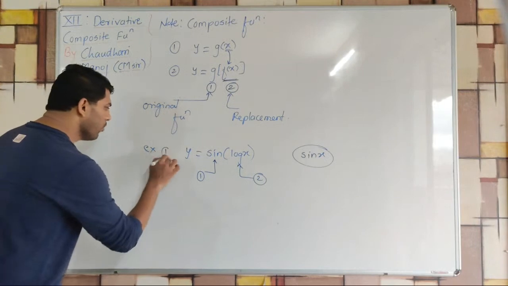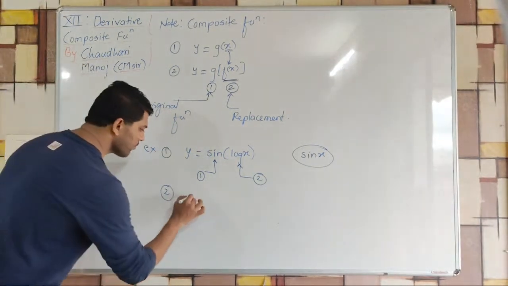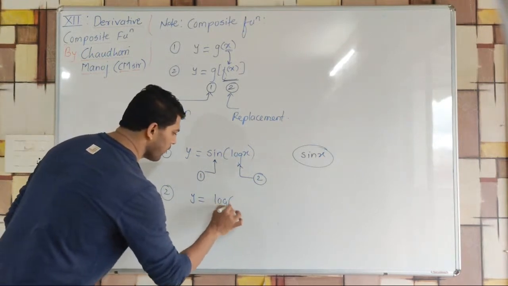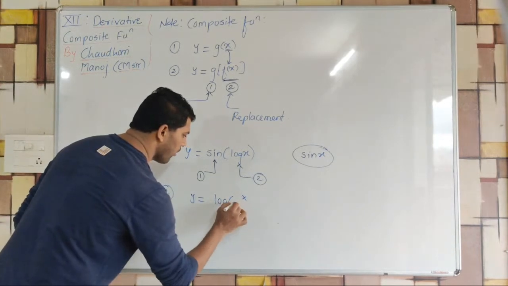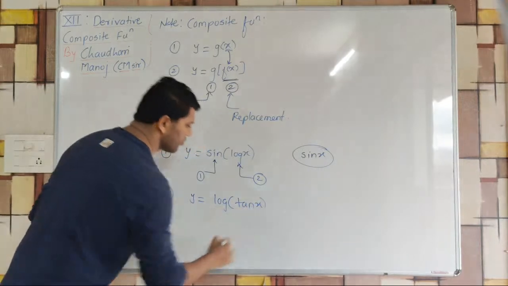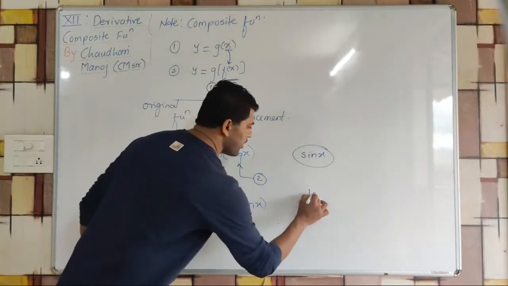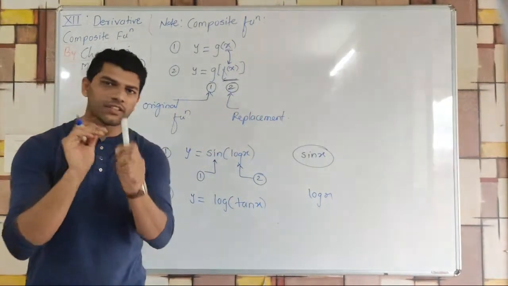Then one more example on this. Let's say y is equal to log of tan x. Let me start with a simple example. Understand, the original function is log x.